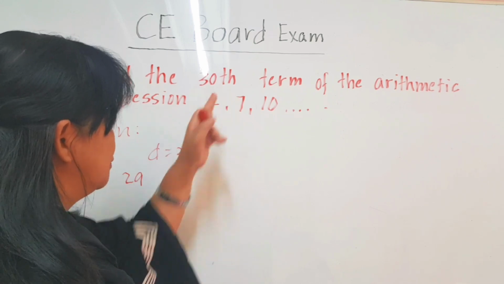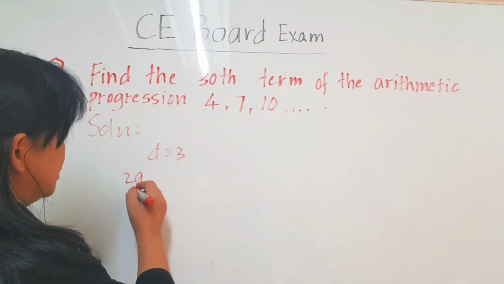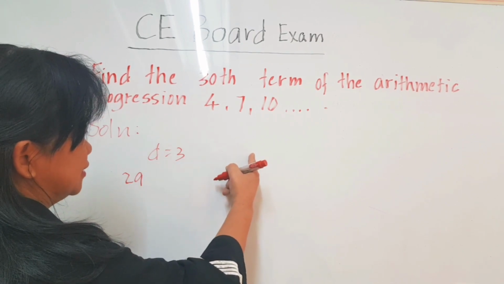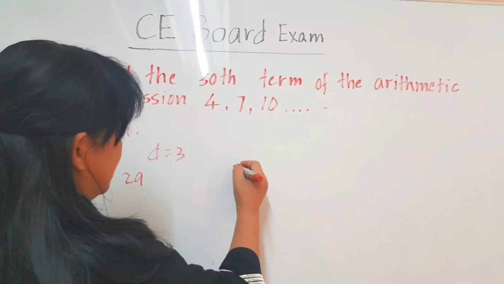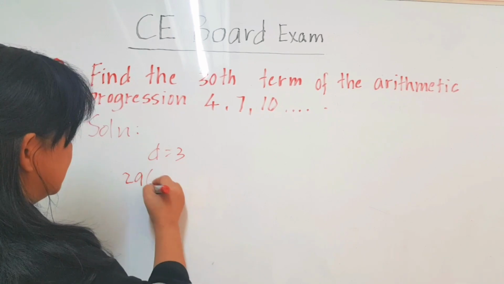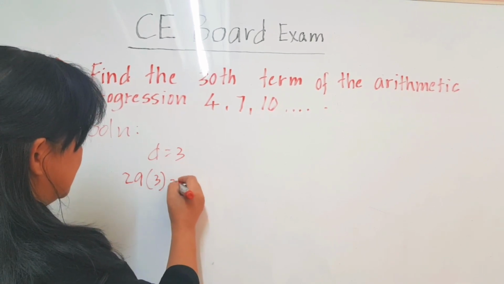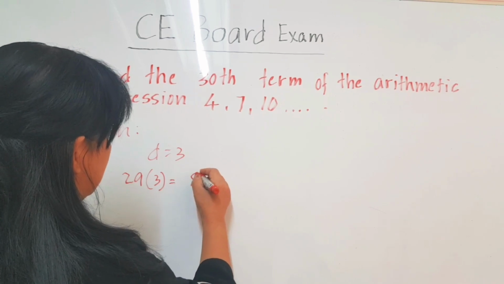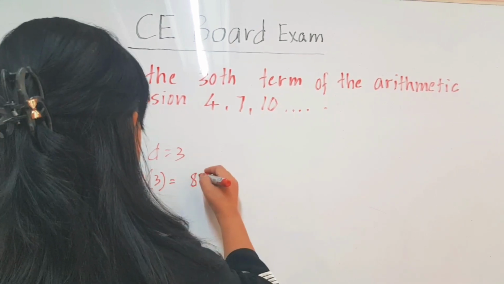This is the one we're looking for. So if we need the 30th term, the number of differences is equal to 29. Multiply by 3 is equal to how much? 87.